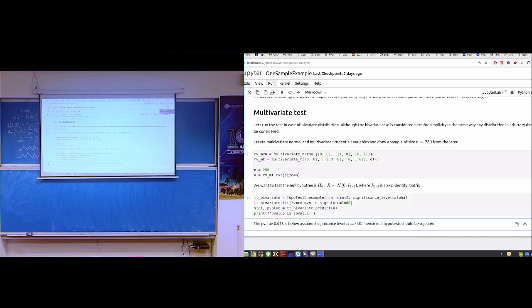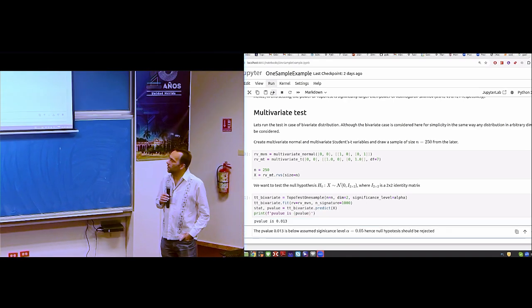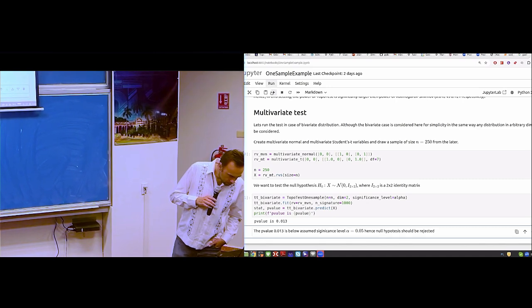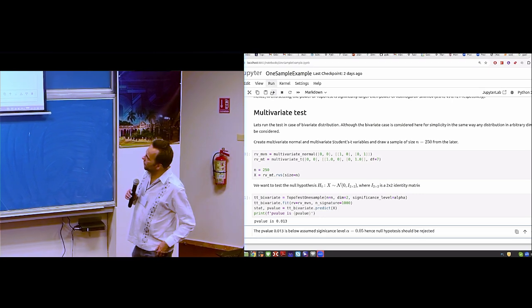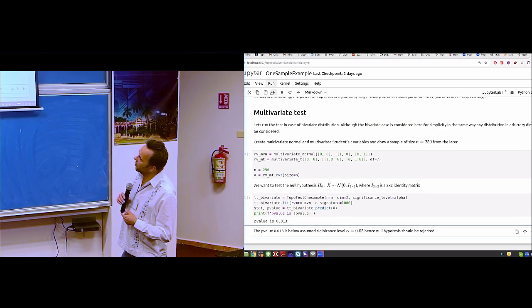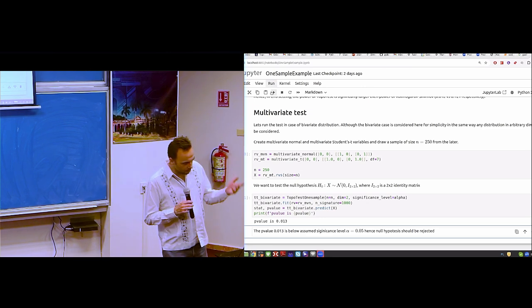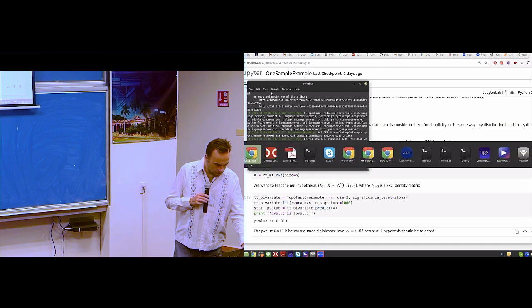I think the topo test rejects. We are not doing KS over here, so yes, we are able to reject it. I think we haven't done the KS because of the time constraint. So that's what you can do with one sample tests.